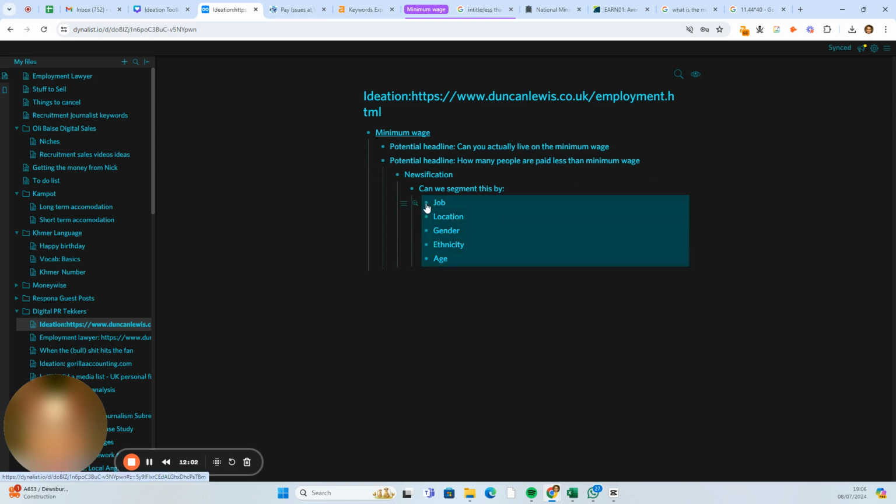Some of the key groups. So if you can say 10% of cleaners earn less than minimum wage, we could get in cleaning magazines.